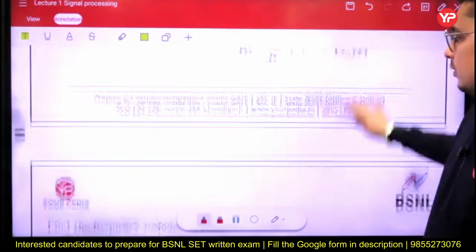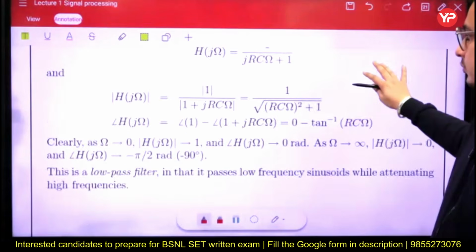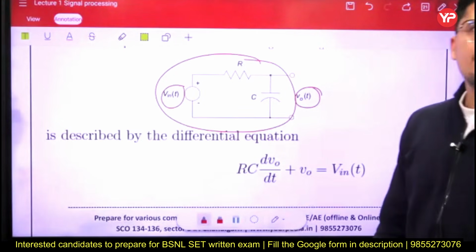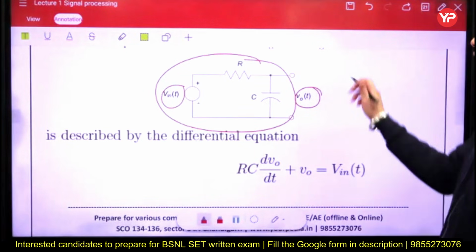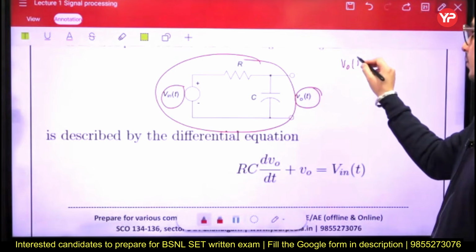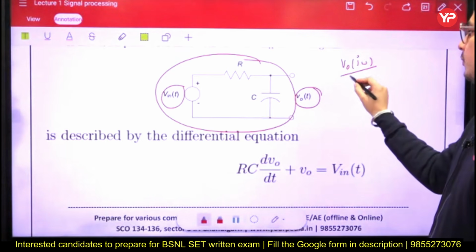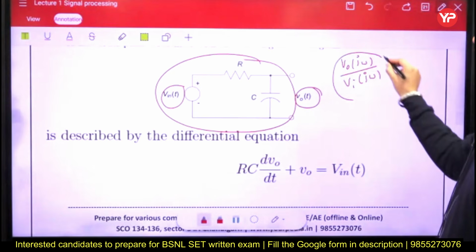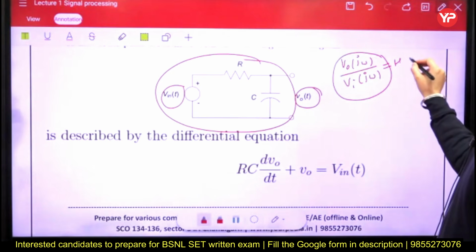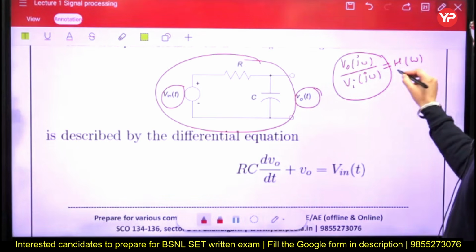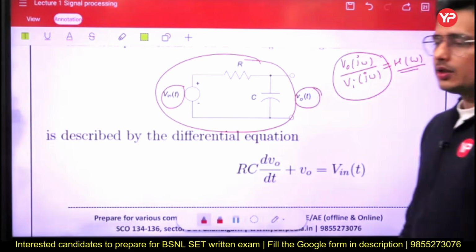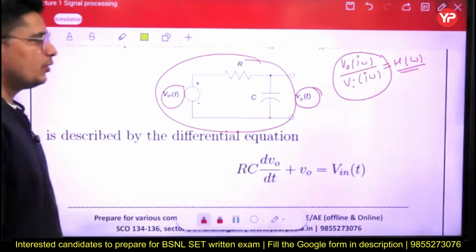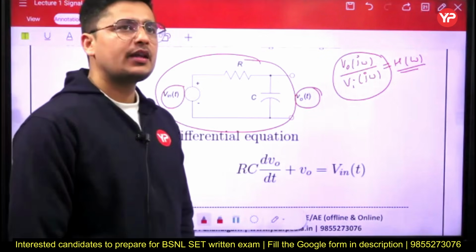Basically, the first thing we have to do is calculate V out of j omega divided by V input of j omega. Our main task is that. That is only known as H of omega, which I discussed in the previous example, the sinusoidal response: output V out of j omega divided by V input of j omega. Just try to focus here, right?